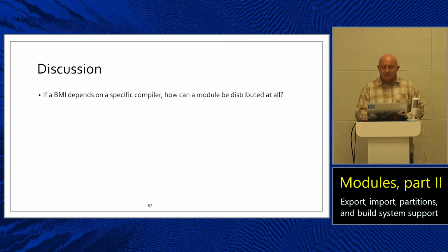We can't just publish a single binary module and expect it to work everywhere. The format isn't standardized, and it even encodes compiler options, target triples, and so on and so forth. So when you say, I want to distribute a C++ module, what are you really shipping? A BMI, a set of object files, and so on? And how do you make sure users can actually import it with their toolchains?